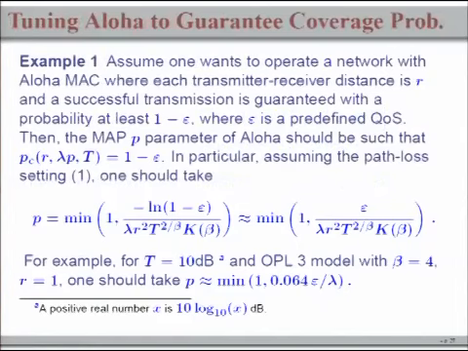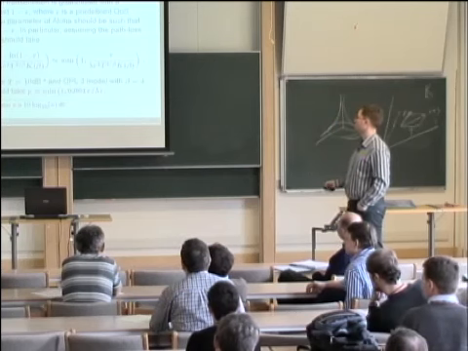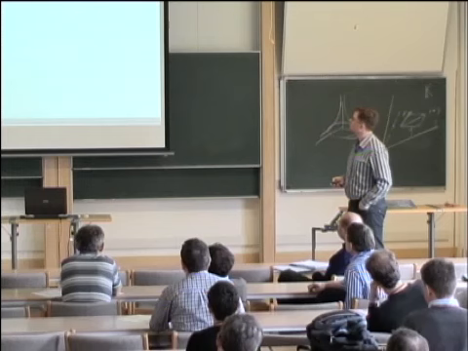So we are done. Now there are trivial examples showing that it's useful, because, for example, this shows how to tune the parameter if you want to give some vague guarantees on some level of successful transmission, but I'm not going into details.